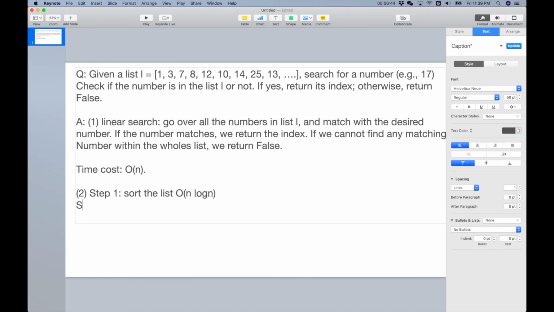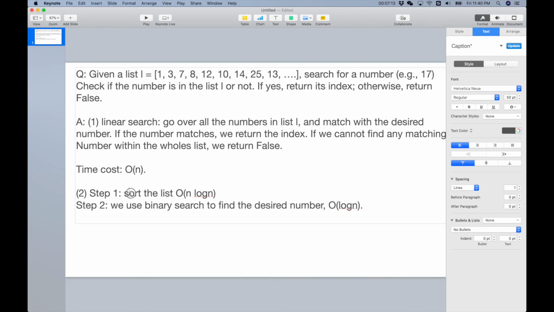Then step 2, once the list is sorted, we can use binary search to find the number. Its time cost will be log n.